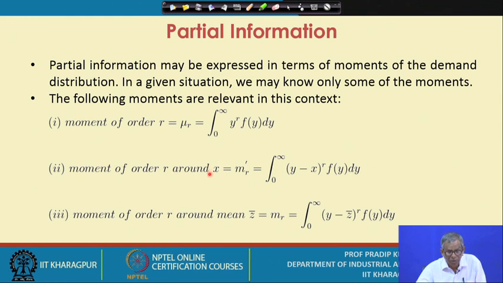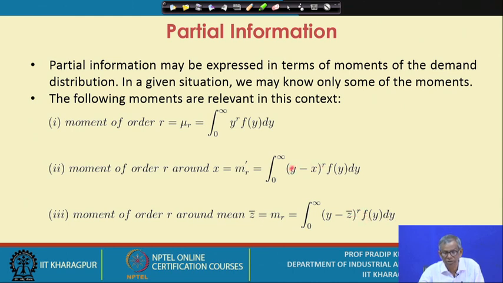Now this particular x may be the mean, and the mean notation is z bar. Please note down that we are using the notation z bar for the mean. So, moment of order r around mean z bar: the standard notation is m subscript r, the integration from 0 to infinity of y minus z bar to the power r Fy.